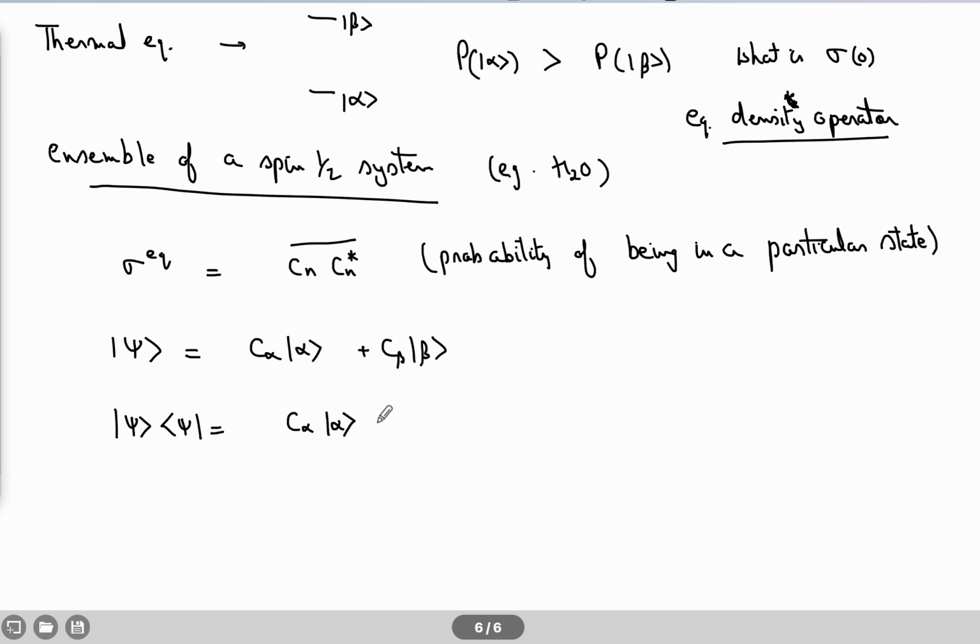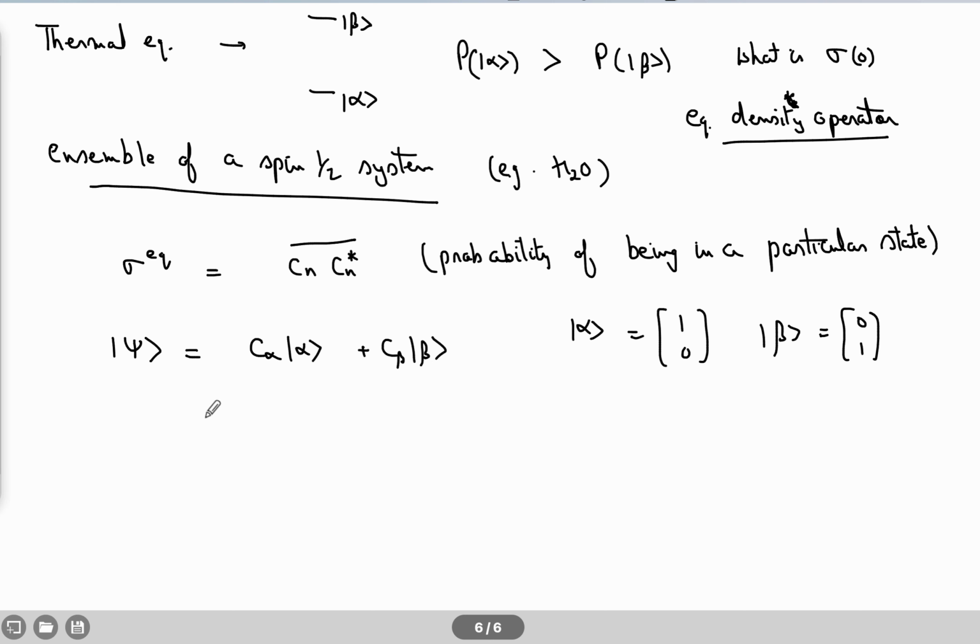We can actually write it in the matrix form first and then do the multiplication. It will be easier for us. So let's say alpha is given by 1 0 and beta is given by 0 1.